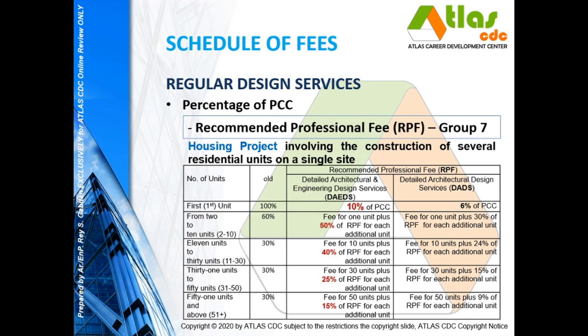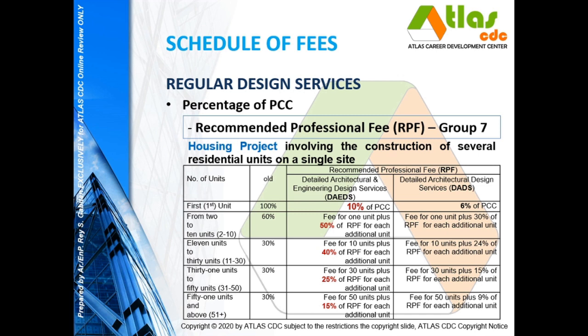For 11 to 30 units, each unit should be computed at 40% of the fee for the first unit, and 31 to 50 units, each unit will be computed at 25% of the fee for the first unit, and succeeding units 51 and above, each unit will be computed at 15%.